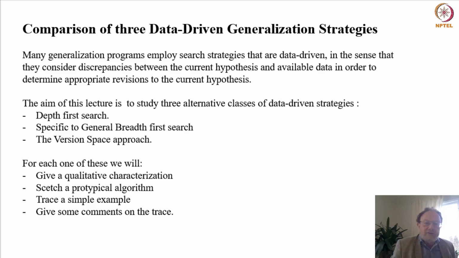So we will look at three kinds of approaches: depth-first search, breadth-first search, and something called the version space approach. For each of these approaches, we will do four things. We will give some general characterization of the approach. We will sketch a prototypical algorithm. We will trace a simple example and give some comments on that little trace.